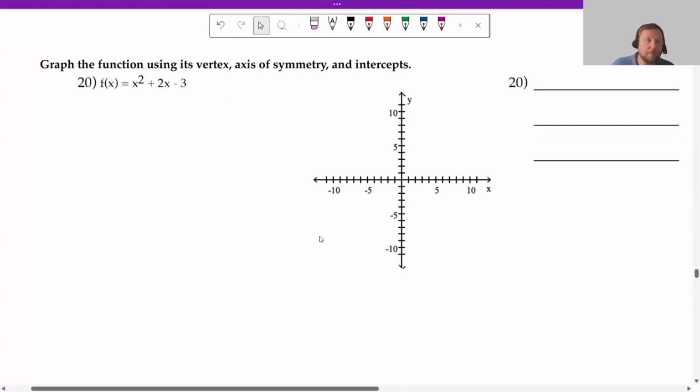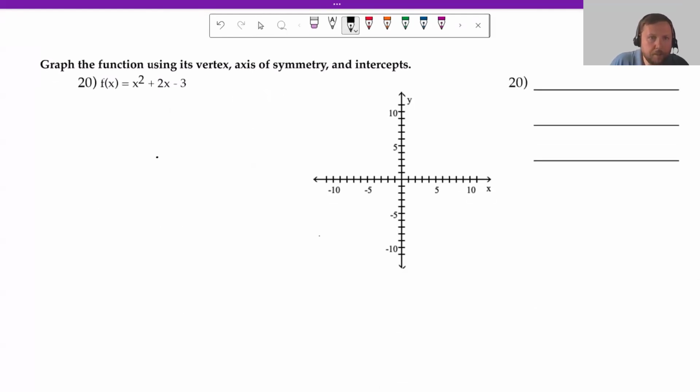Graph the function using its vertex, axis of symmetry, and intercepts. Okay, so -b over 2a is going to be -2 over 2 times 1. So we get -1.